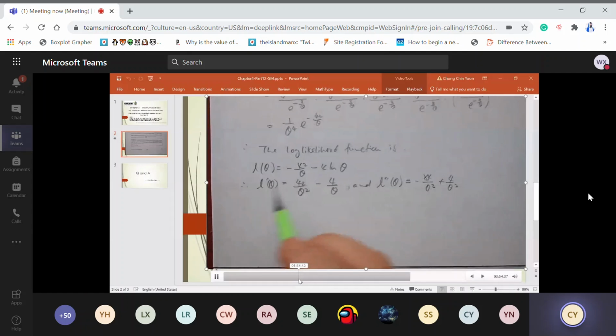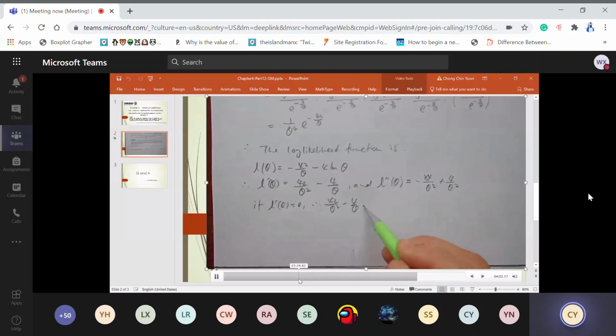If the first derivative is equal to 0, we have a quadratic equation, theta times (2 theta minus 21) equal to 0. Since theta is never equal to 0, theta is equal to 21 over 2, that is 10.5.